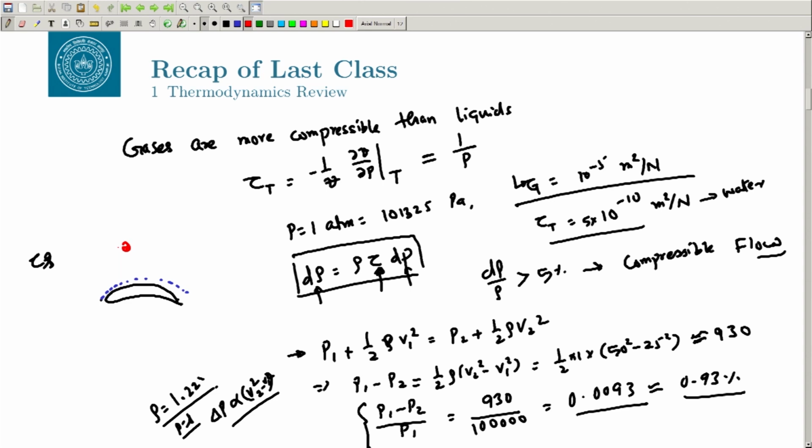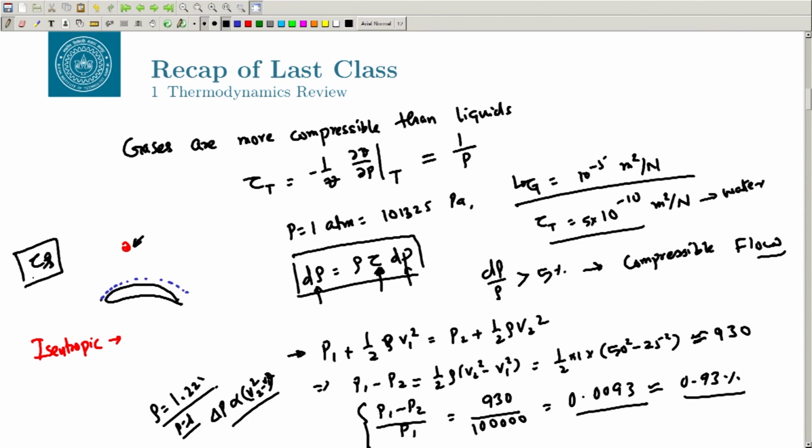Isentropic, as you might have read in the literature, is a process which is both adiabatic and reversible. Why is the flow isentropic here? Because there is no heat exchange, and secondly the effect of viscosity outside the boundary layer is not significant, so the flow can be assumed reversible. So, what is important is the value of tau s, the isentropic compressibility.